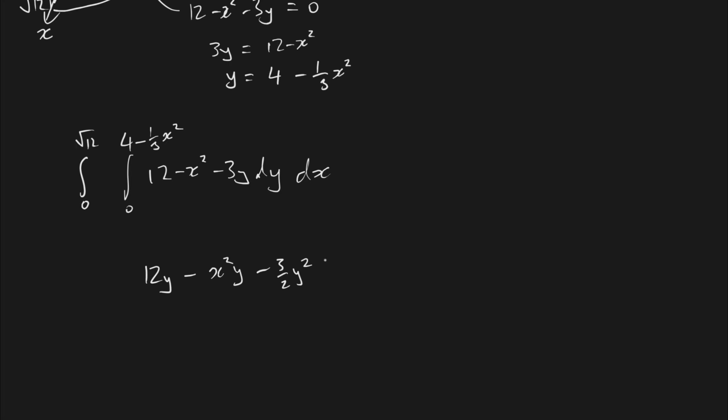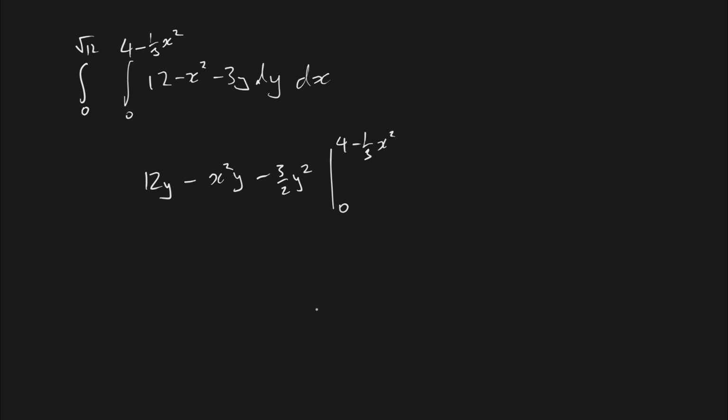Just going to check that's right. Yeah, I'm happy with that. And we're evaluating that over 4 minus a third x squared and 0. So this is our inner. Let's go ahead and plug these bounds in.